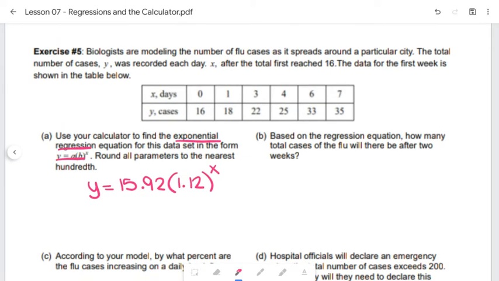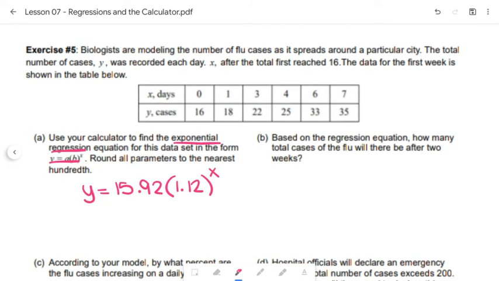Based on the equation that we got in part A, how many total cases of the flu will there be after 2 weeks? Remember, if I look, this is in days, not weeks. So I'm not plugging in 2, I'm plugging in 14 days.